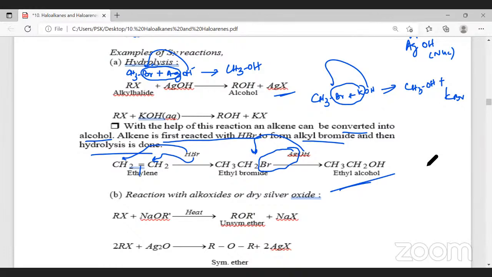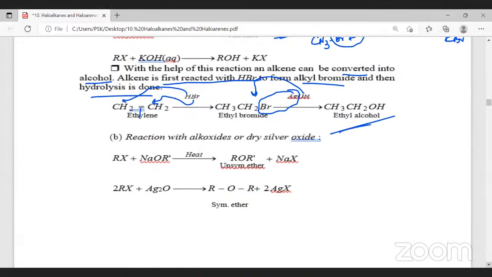Next is the reaction of alkyl halides with alkoxide or dry silver oxide. This topic is alkyl halides, remember. Now, the alkoxide may be sodium alkoxide, silver alkoxide, whatever it is. If you take a molecule like CH3Br, an alkyl halide, and allow it to react with ethyl alkoxide: C2H5OH is ethanol, and in place of H, sodium is replaced, so it is called sodium ethoxide.